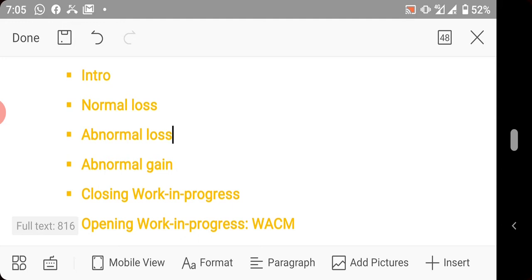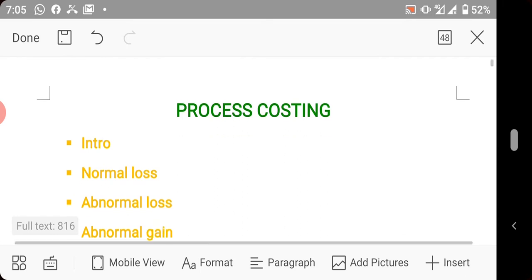For example, when we talk about the cost of producing fuel, diesel, kerosene, we are looking at a process costing system.